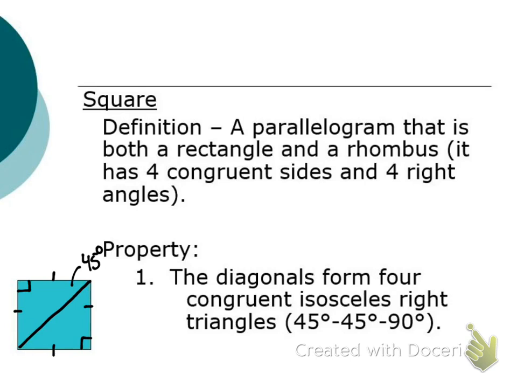And I'm just going to mark that these other angles are going to be 45 degrees. So the diagonals form 45-degree angles, making those 45, 45, 90 triangles. So each diagonal would make 2 triangles. If I were to put in the other diagonal, the triangles would be flipped around the other way.